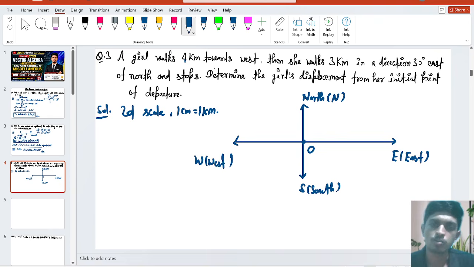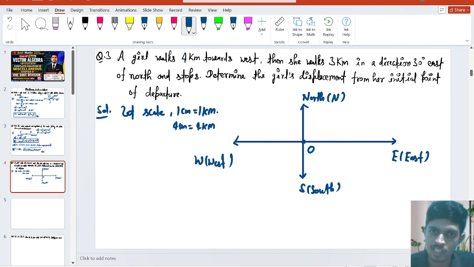A girl walks 4 kilometers towards west, then she walks 3 kilometers in the direction of 30 degrees. Suppose this is the initial point where the girl started to walk. We need to draw 4 kilometers towards west, so we draw 4 centimeters, which is equal to 4 kilometers, in the west direction.